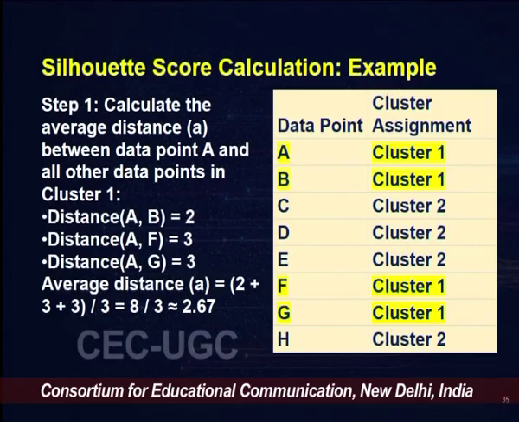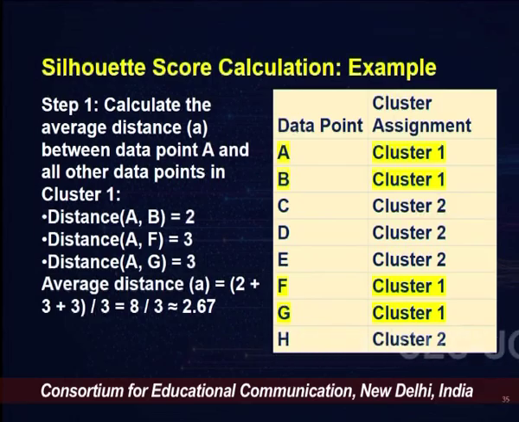What would be step 1? The points A, B, F, G are the 4 points belonging to cluster 1. I would calculate the average distance a between data point A and the other data points in cluster 1.